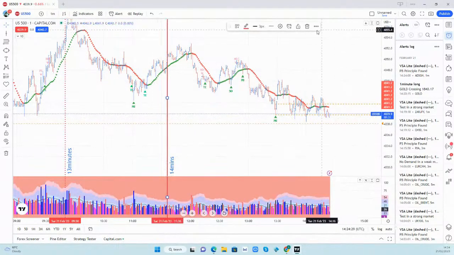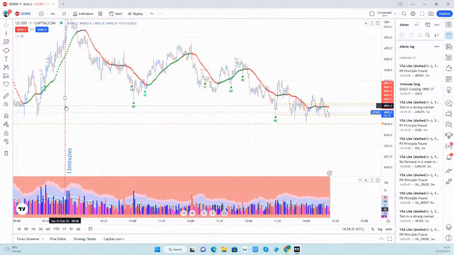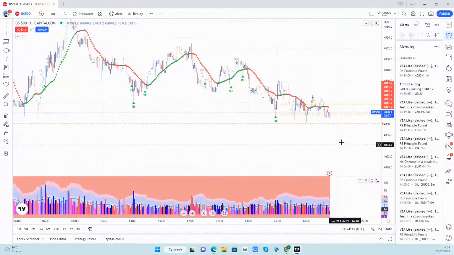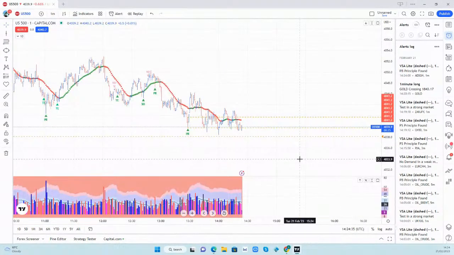So I hope you understood how to plan your trade on higher time frames, and how to position yourself before you make a decision of taking a trade, because you will increase your probability of success if you do that. And I know it takes time. I do appreciate that.